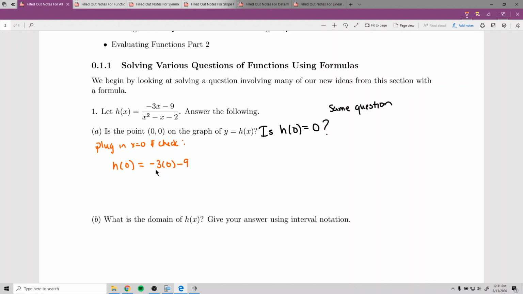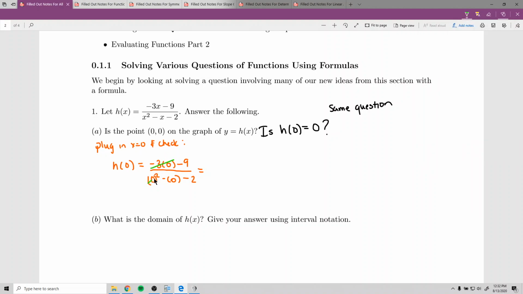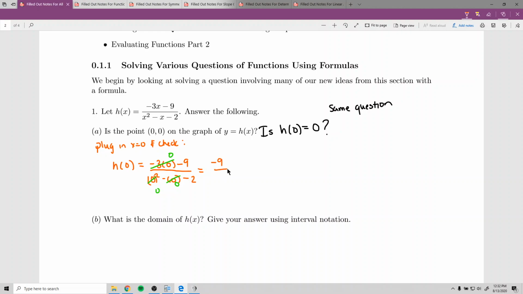We get negative 3 times 0 minus 9 over 0 squared minus 0 minus 2. Most everything here is 0 because when we multiply by 0 or do 0 to powers, it's all 0. So it'll all go away, and we are left with negative 9 on the top, negative 2 on the bottom. The negatives cancel and we get 9 over 2.